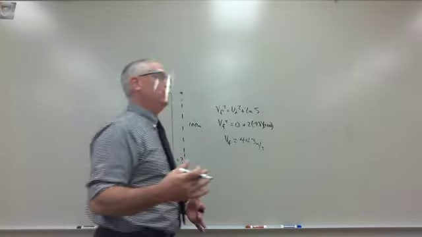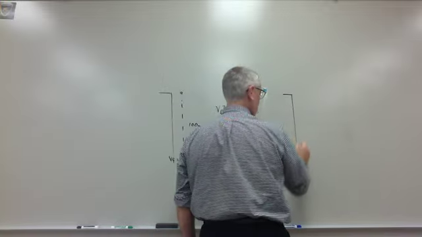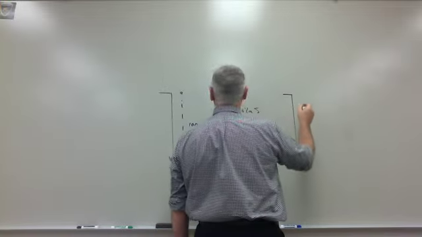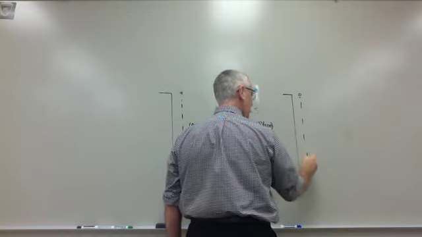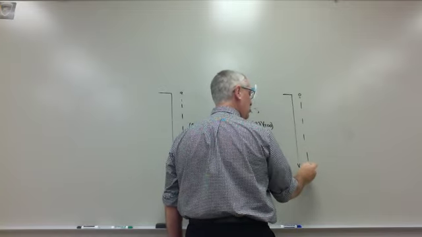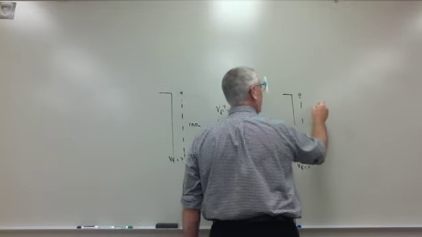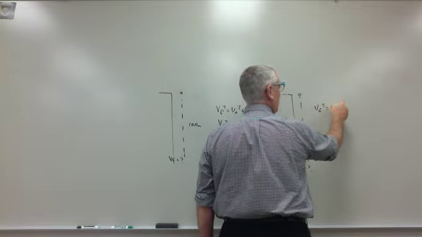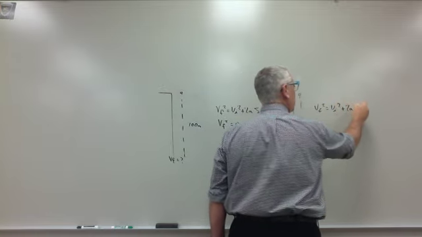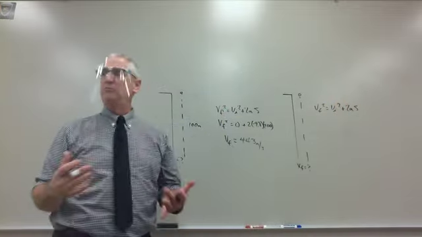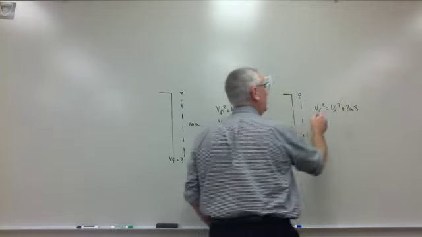All right, so let's go to the moon. Same situation here, drops down, VF. So what changes? Well, I still have my VF squared equals VI squared plus 2AS. So what's your prediction? Do we divide or multiply by 6? Well, let's take a look.